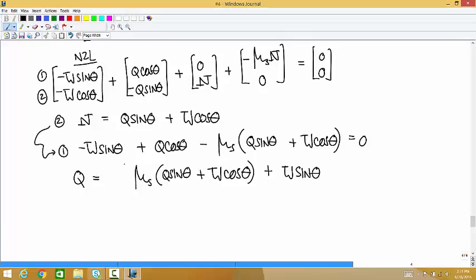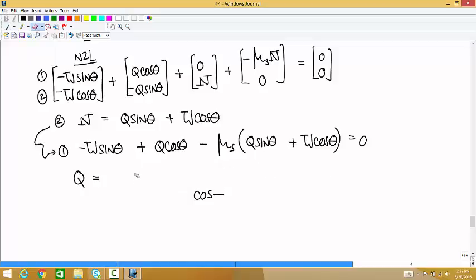And now I have to divide by cosine. Oh, I do have Q on both sides. Yeah, right, so that's not the way to do it. So get the Q's together.